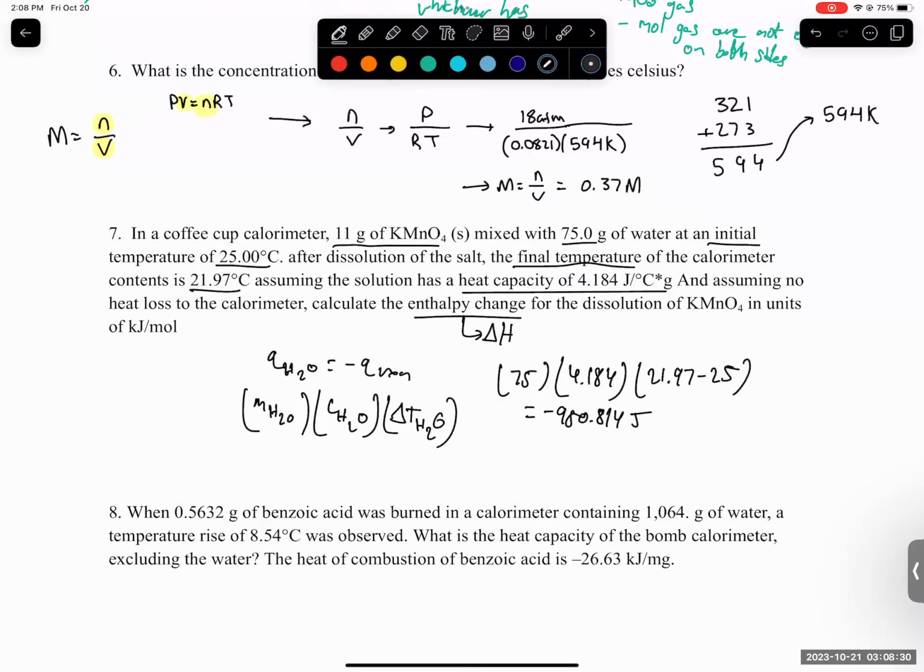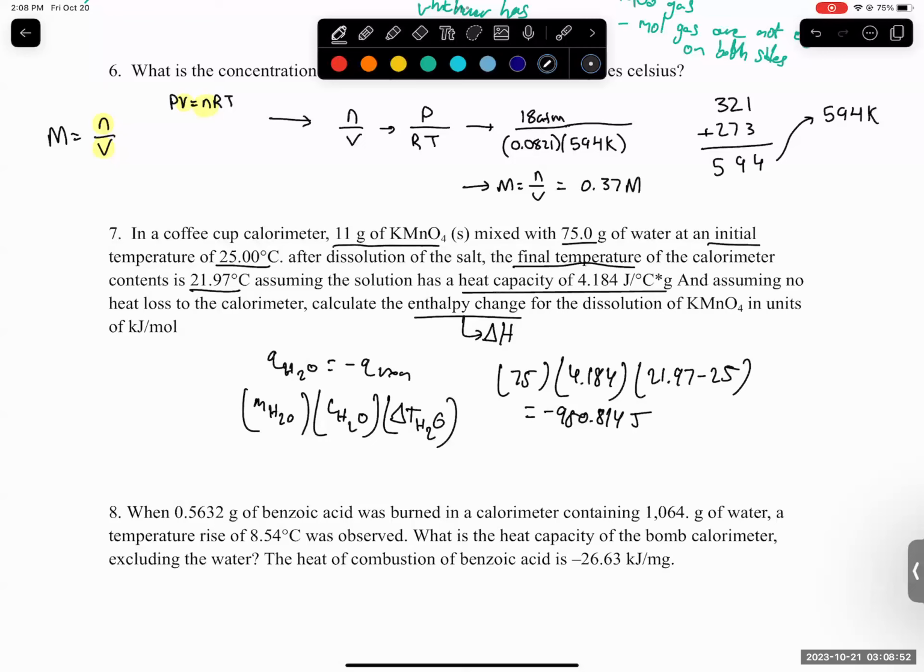Or in this case, the only way we can do it, because we don't have the specific heat. But negative 950.814 joules. So what this really means is the heat lost by the water is the heat gained by the reaction. So the reaction is going to be endothermic, right? We will change that to kilojoules.